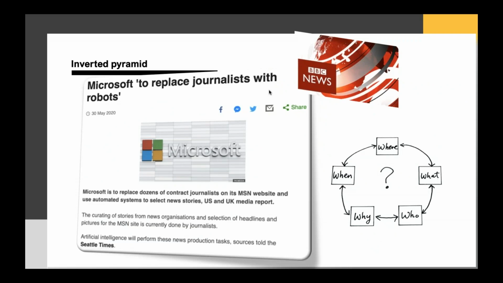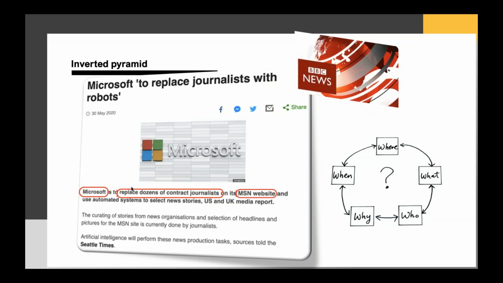Here's an example of an article that I saw very recently on the BBC about a plan for Microsoft to replace journalists with robots. If you have a look, we've got who, which is Microsoft; what, which has replaced dozens of contract journalists. Notice that they managed to squeeze in several adjectives to achieve such minimalism, all in one sentence.